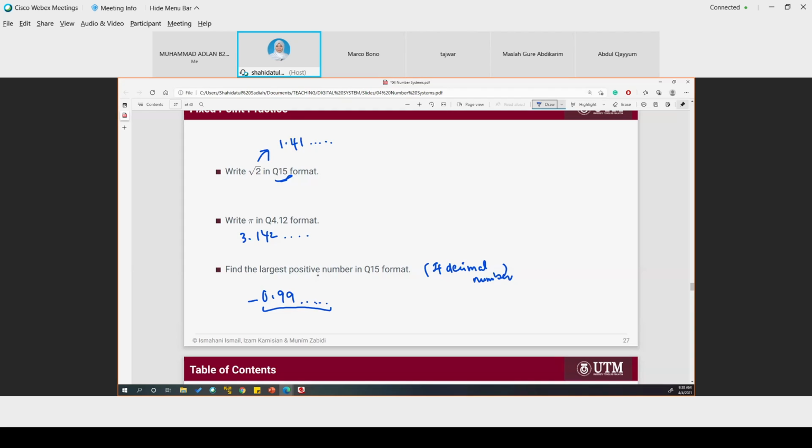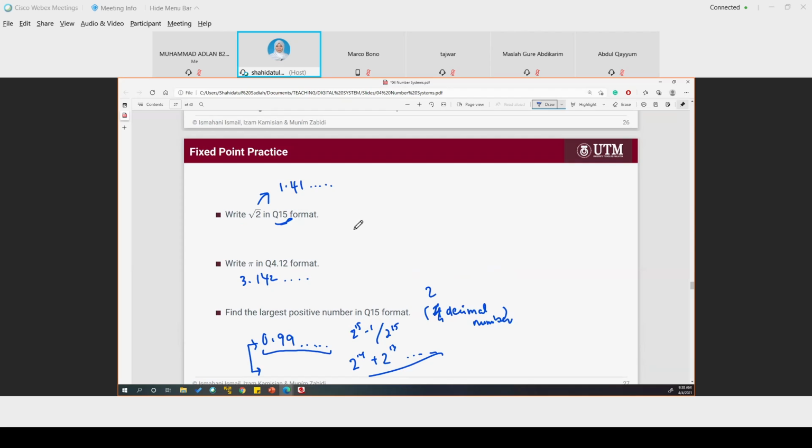And as what we will calculate just now, we will accept both: if we calculate it as (2 to the power of 15 minus 1) divided by 2 to the power of 15, or we calculate it as 2^-1, 2^-2, and so on. Probably it will only ask for 2 decimal number because it will be the same. All right. So that is for the practice. I'm just going to skip this. If you have question, you can ask later.